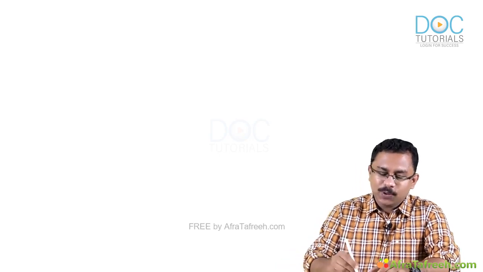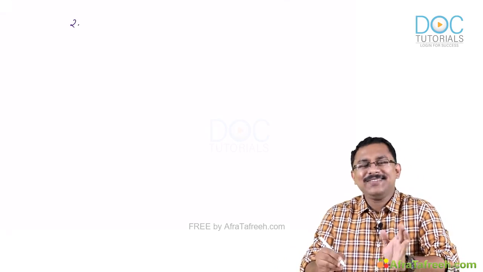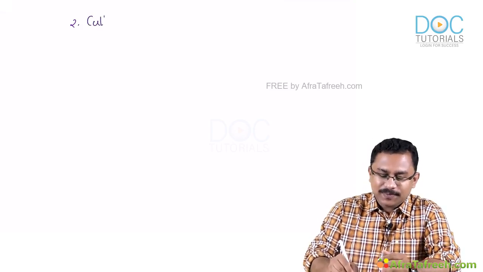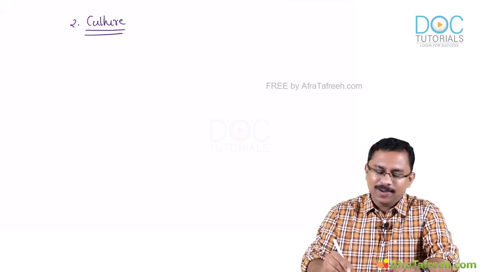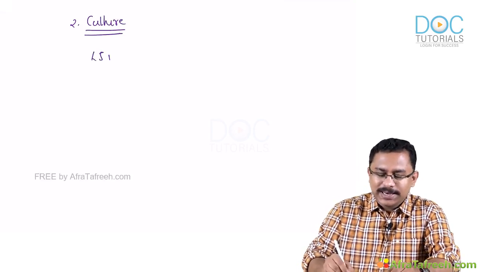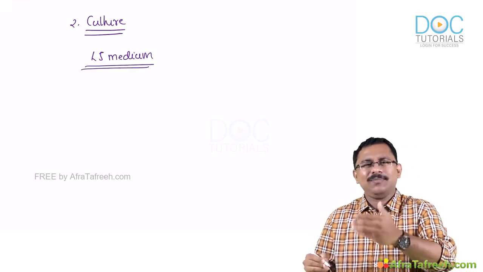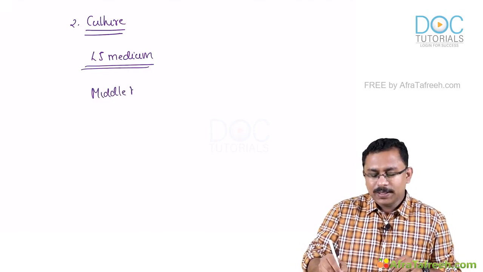So after the sputum smear microscopy, the second investigation modality that you are having is your culture. Now, traditional culture media are available like your Lowenstein-Jensen medium, okay, and you have other media as well. You have your Middlebrook medium.